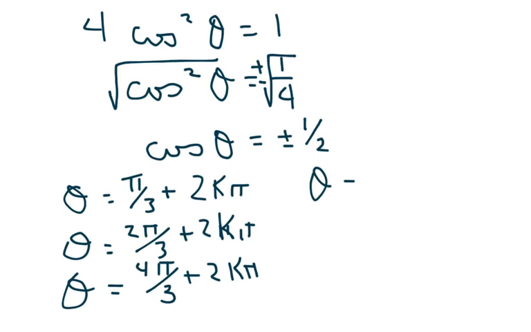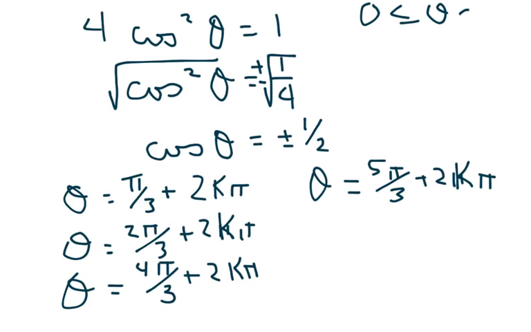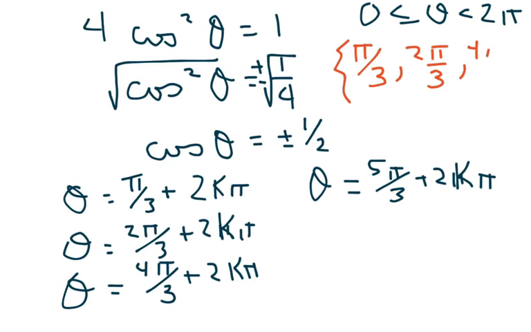And theta equals 5 pi over 3 plus 2k pi. And if they're asking just between 0 and 2 pi, then our solution set would be pi over 3, 2 pi over 3, 4 pi over 3, and 5 pi over 3.